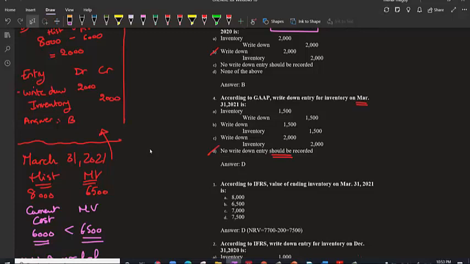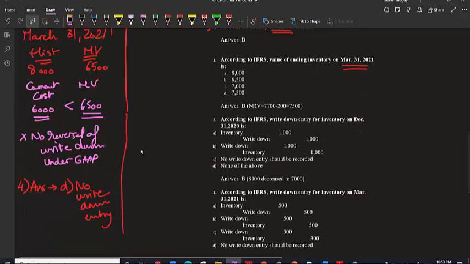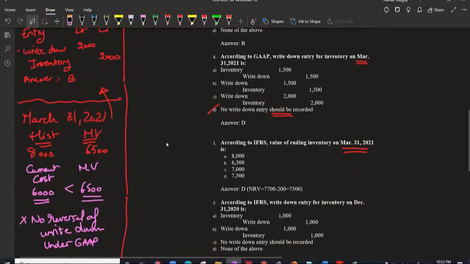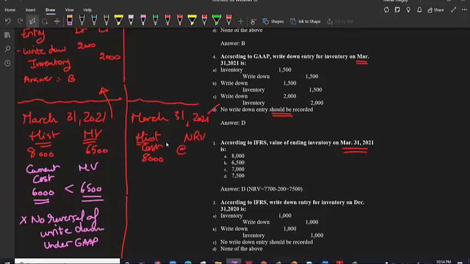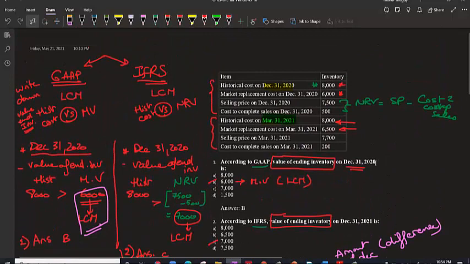Under IFRS, if we follow March 31, 2021, we're going to compare between the historical cost of 8,000 and the net realizable value at March 31, 2021.